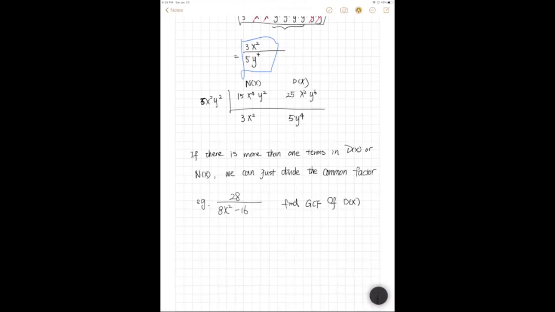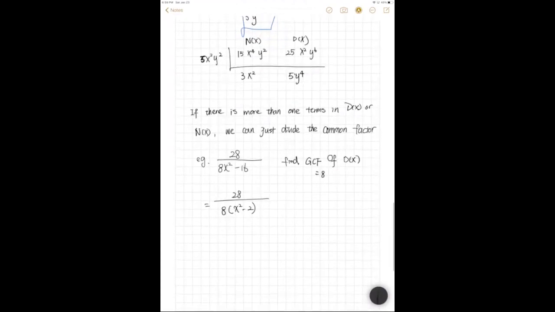So what's that? 8x squared subtract 16, so their greatest common factor would be 8, right? So I factor the 8 out. I have 28 over 8 times x squared minus 2. Okay, so now I can reduce. So now take a look, 28 and 8.